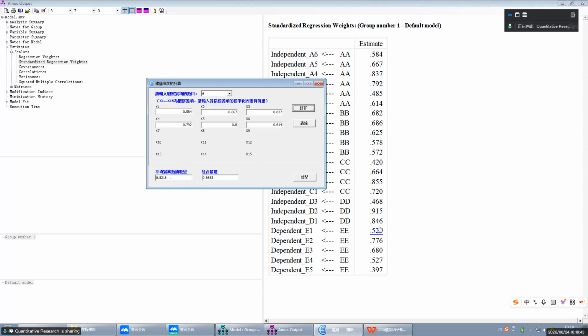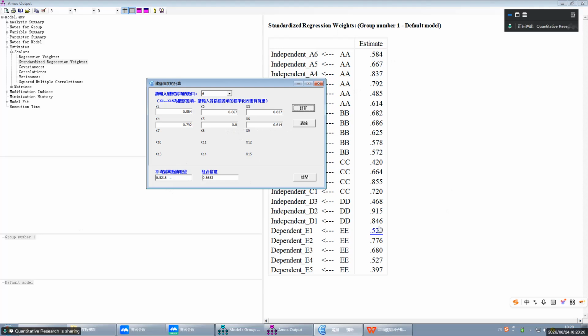Next, let's talk about square roots of AVE. How to compute the square roots of AVE? You can use a calculator. It's easy, right? Just use a calculator. Then you will know the square roots of AVE.